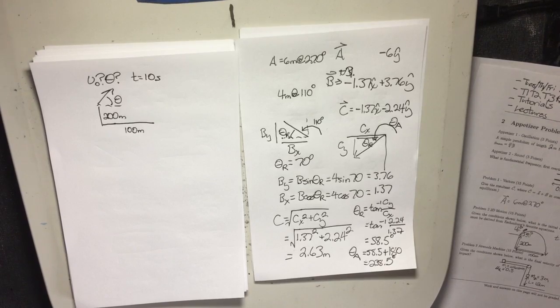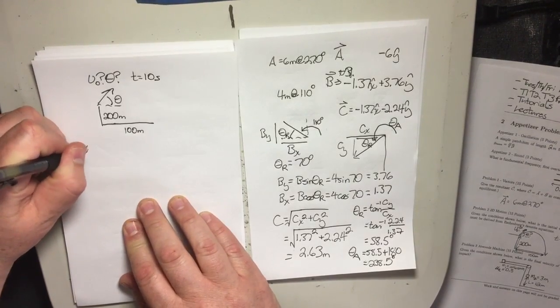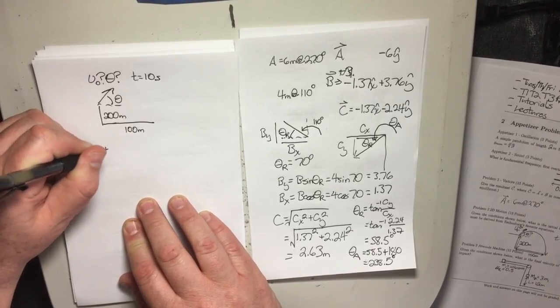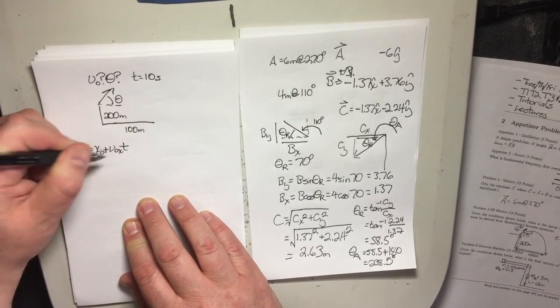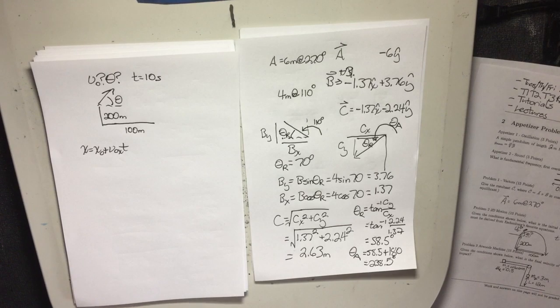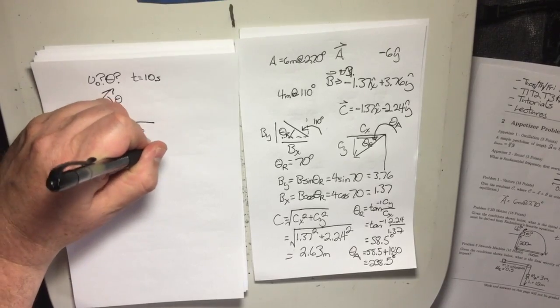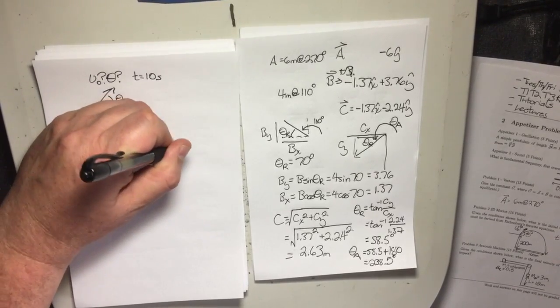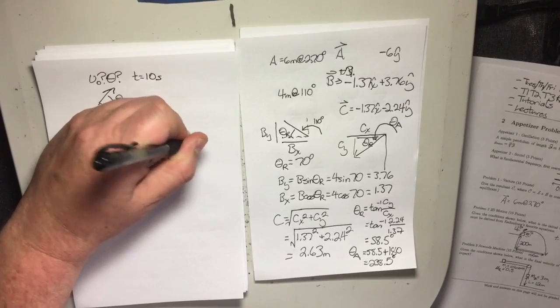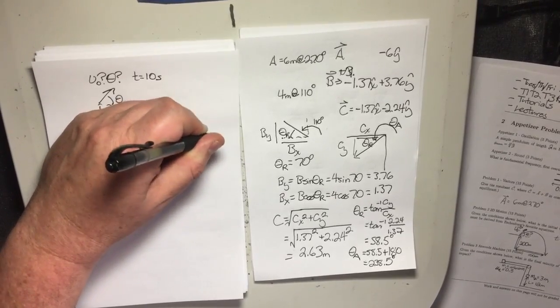It's a two-dimensional motion problem. Boom, pull out my favorite equations. X equals x naught plus v naught x t. There is no horizontal acceleration, so there will be no 1/2 at squared. Y equals y naught plus v naught y t plus 1/2 at squared.